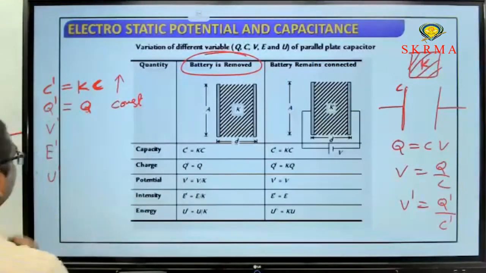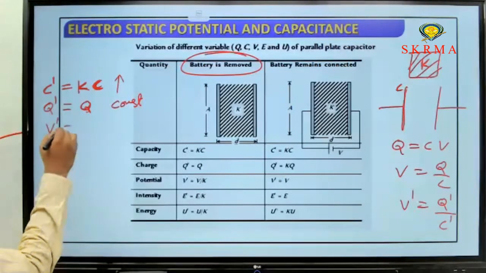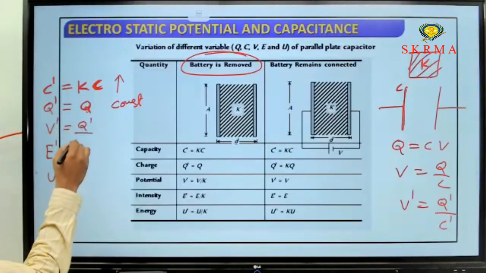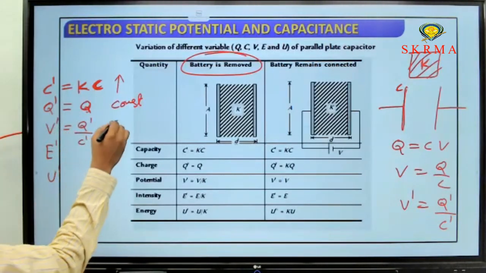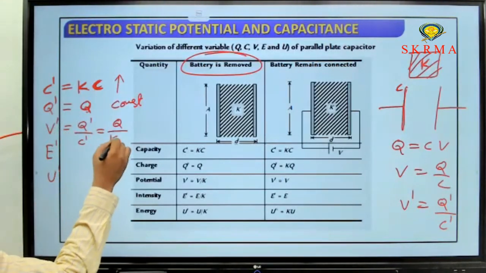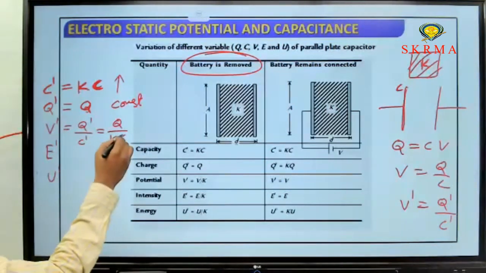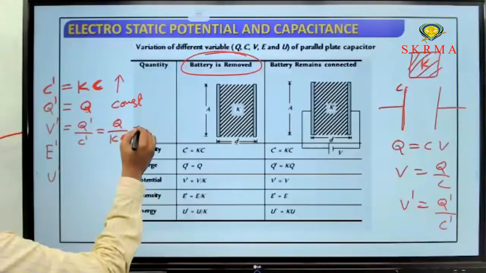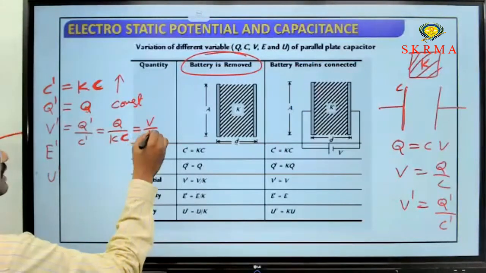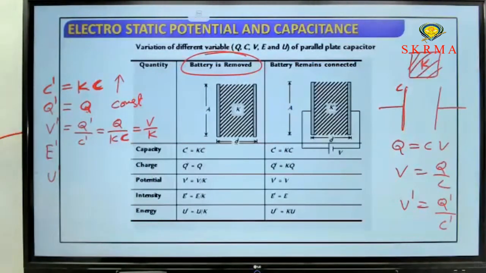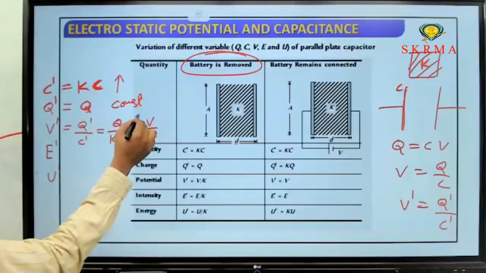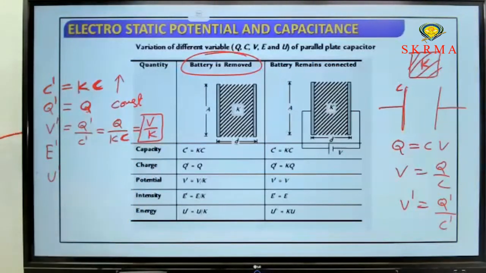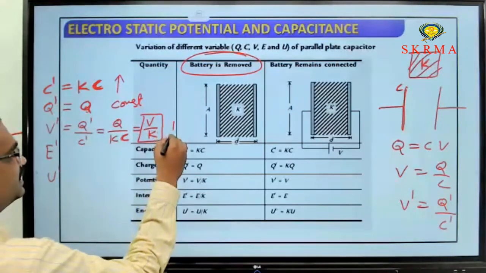Substitute that: V dash = Q dash by C dash = Q by K into C. Q by C is V, so that means V by K. So we got V dash as V by K. That means potential is going to decrease.